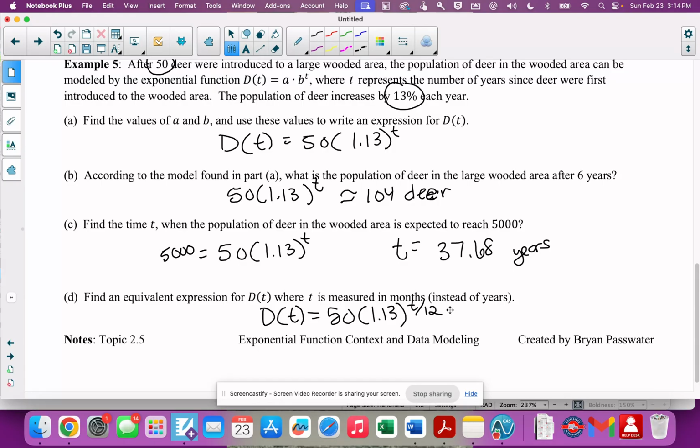If you were originally given this in months and they told you to measure it in years, then you would be multiplying 12t, because 12 months would equal 1 year. It's still 13% per year, you're now measuring it in months. That means each month is basically 1/12 of a year. So that's why that works that way. And it's based on the fact that your percentage rate is based on years, even if you're measuring in months.